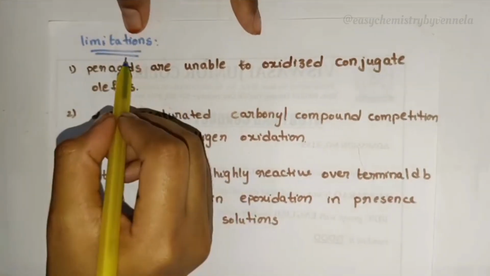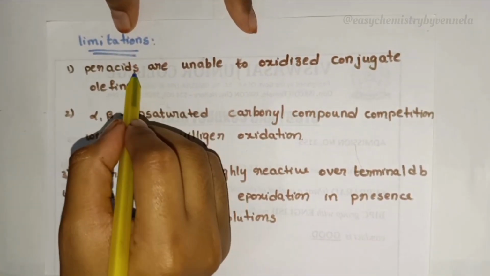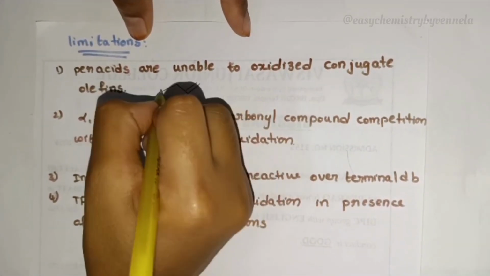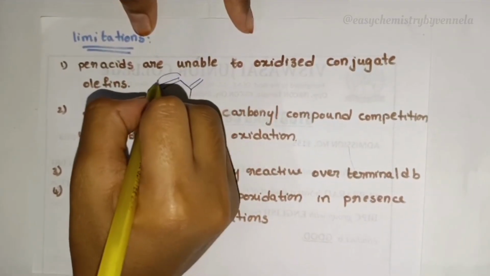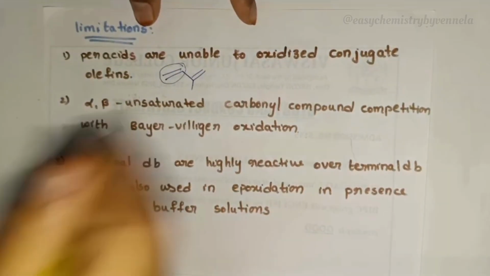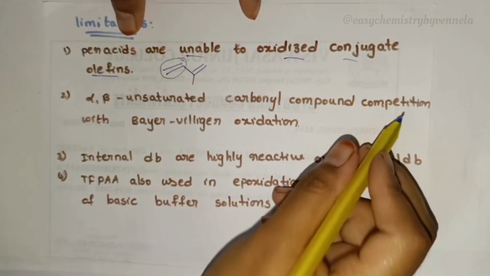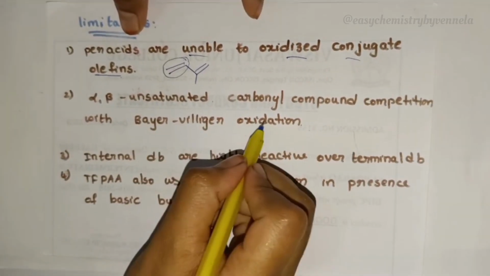The limitations of peracids: peracids are unable to oxidize conjugated olefins. This is the conjugated olefin. Next, for alpha beta unsaturated carbonyl compounds, there is competition with Baeyer-Villiger oxidation.